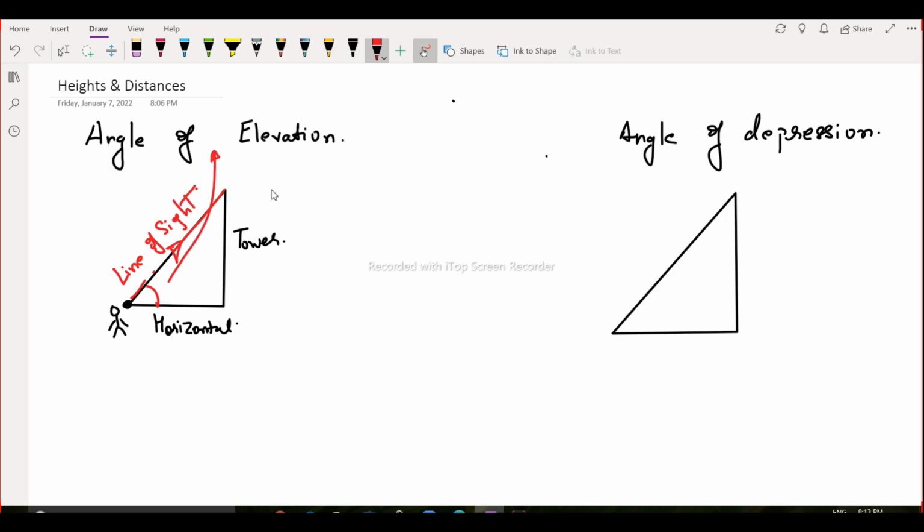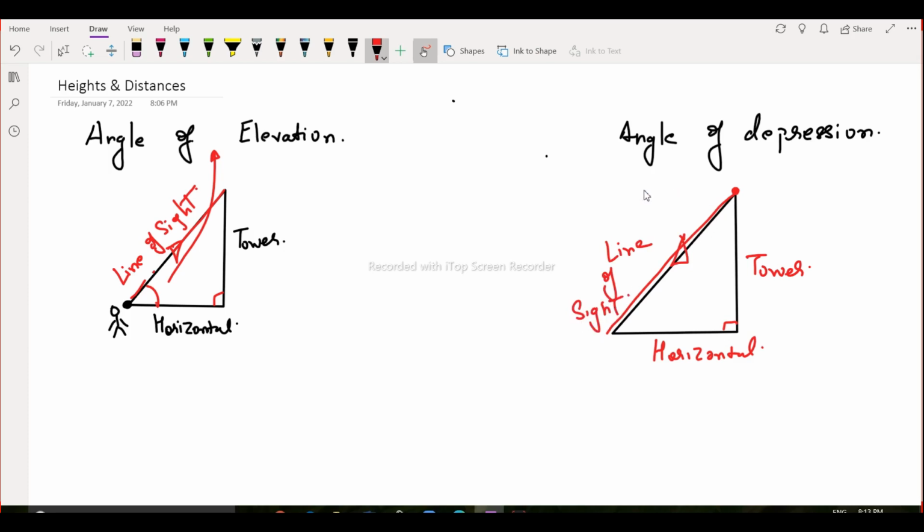elevation. Similarly, if we take a right angle triangle here, again this is the tower, this is the horizontal, and the person, let's say, is standing here and he is looking down here. So this again will be the line of sight.